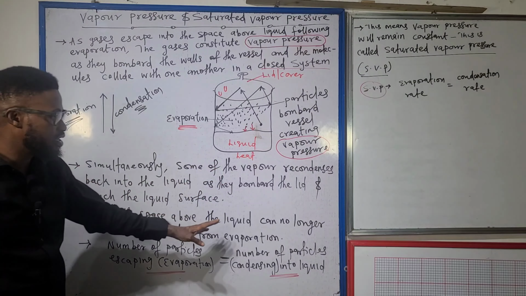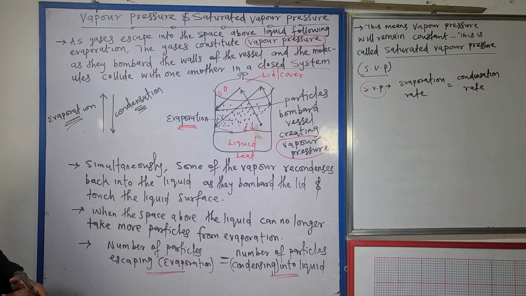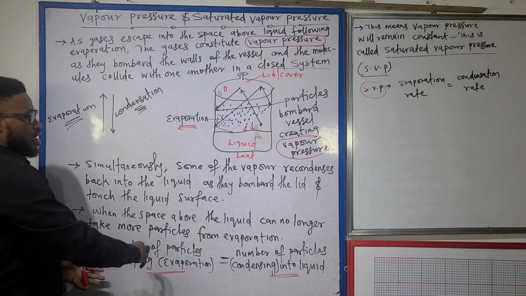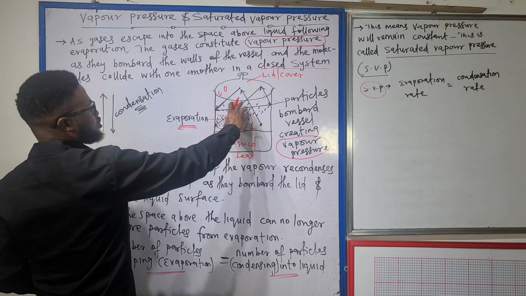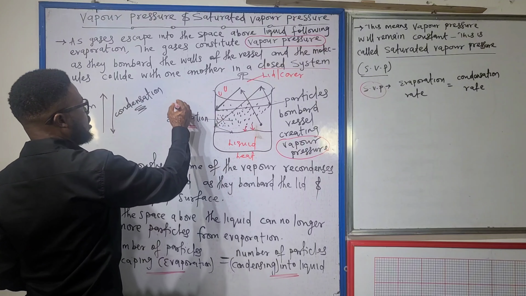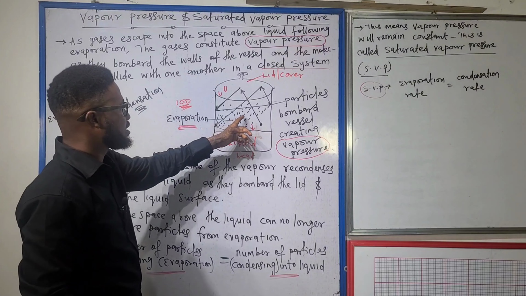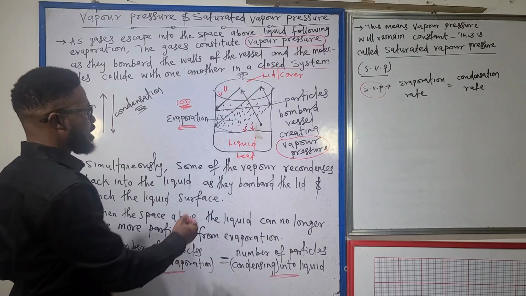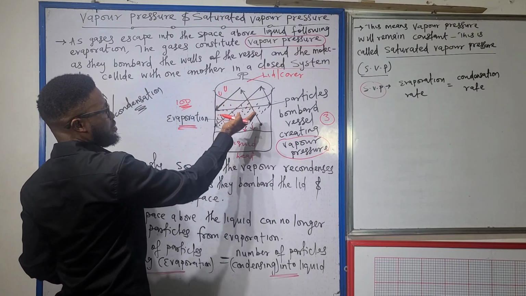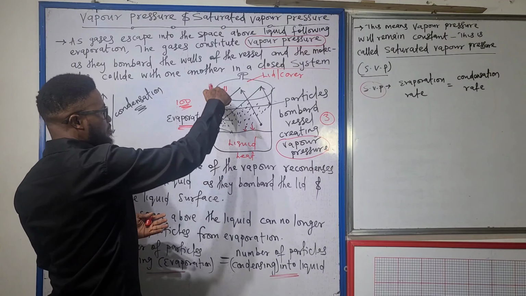When the space above the liquid can no longer take more particles from evaporation, imagine that the space can take 100 particles of gas, of the vapor. If I continue to heat and 3 more particles suddenly evaporate, then 3 out of this 100 must be pushed back into the liquid.